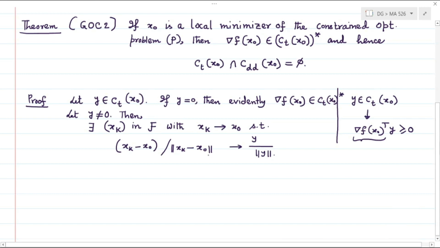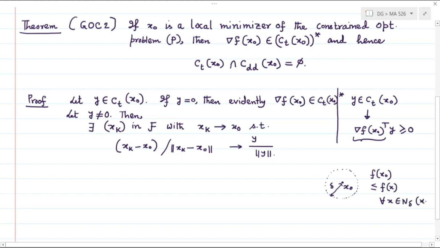Now we notice that the element x naught is assumed to be a local minimizer, and the sequence xk is converging to x naught. So let's suppose I have the point x naught over here, and as x naught is a local minimizer, there exists a neighborhood of the point x naught, let's suppose a delta neighborhood with radius delta, in which f x naught is less than or equal to f x for all x inside this neighborhood, right?